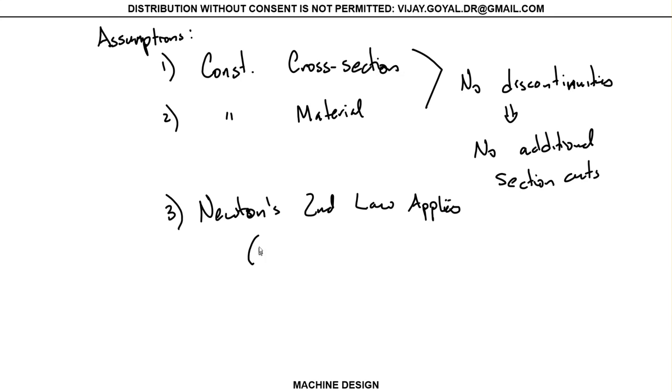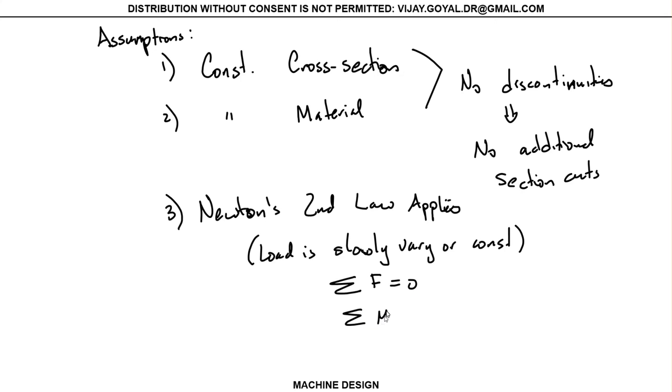So you're saying the load is slowly varying or constant, and the summation of forces is 0, the summation of moments is equal to 0. Okay, so those are some assumptions you can make.